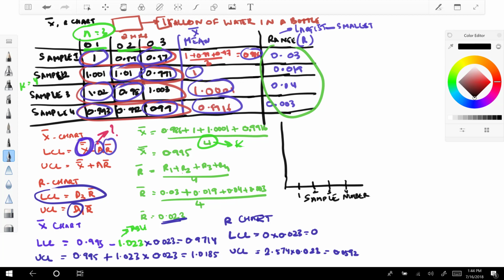The lower control limit value would be 0.9714, and the upper control limit is 1.0185, and then the mean is X double bar 0.995.